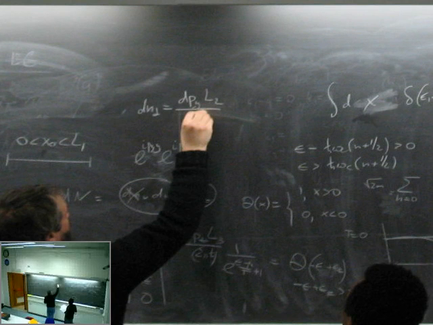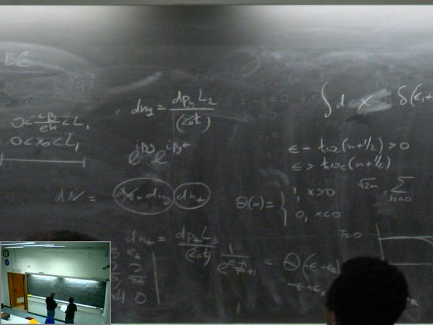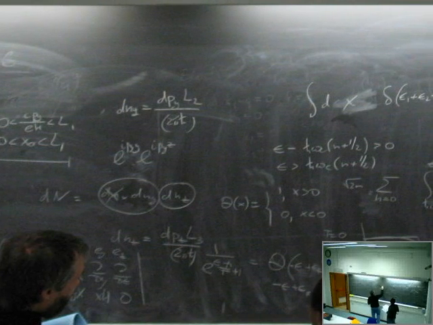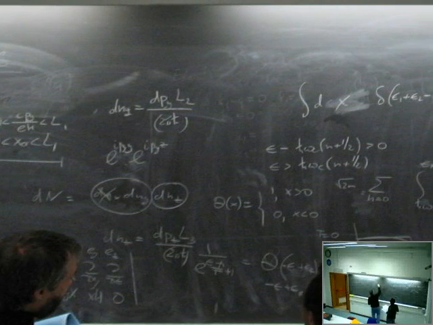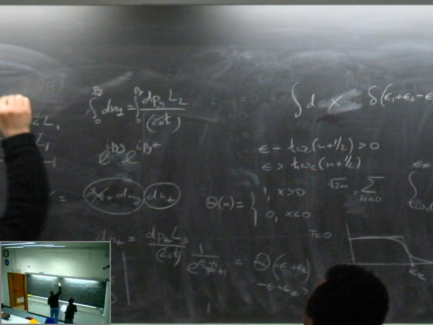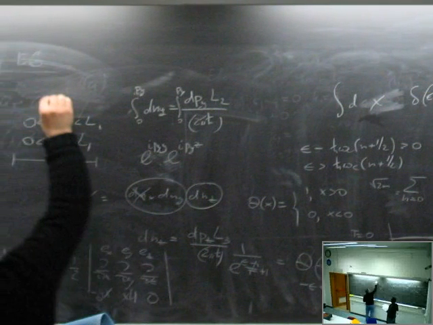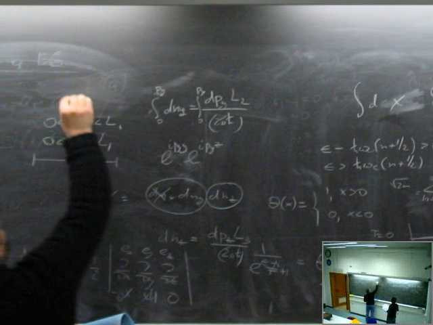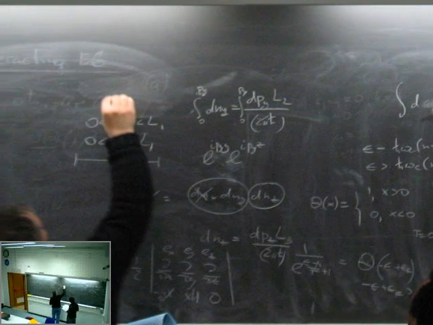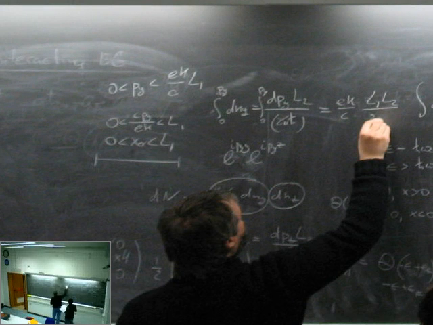If I integrate now and calculate all states in the plane, which is the integral from 0 to p_y, where p_y is between 0 and eH over c times L1, what I get here is eH over c L1 L2 over 2 pi h.